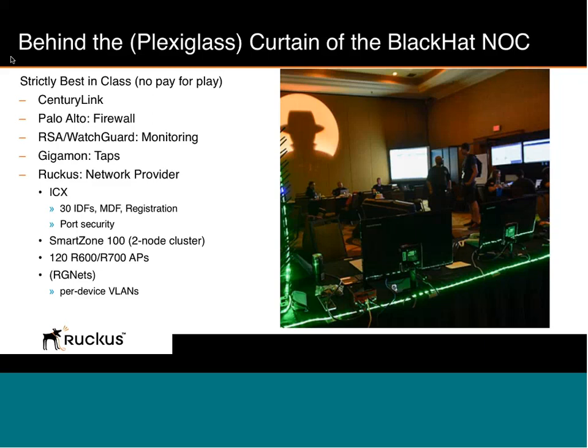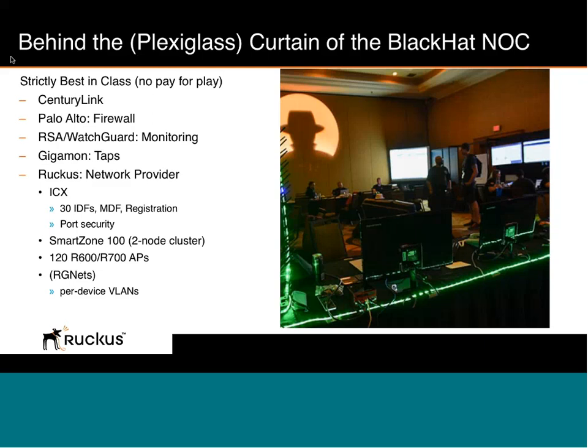I'll talk a little bit more about why going forward that's going to change. Palo Alto provides the firewall, and RSA WatchGuard does the monitoring, and then Gigamon provided the taps this year. We also had some WIDS services on the side provided by Pony Express, and that gave us some interesting insights as well.